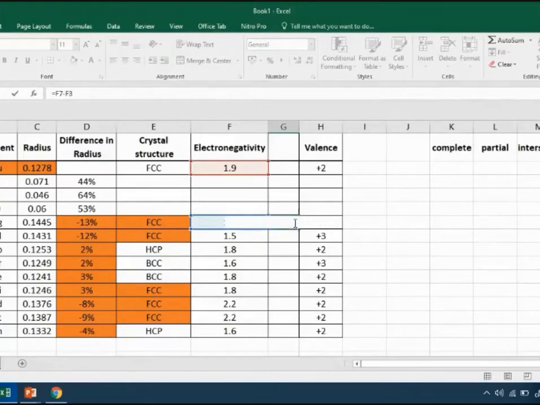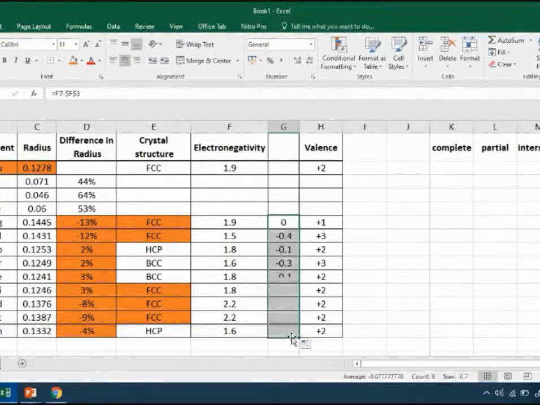I will press F4 again for the copper value. I don't want the equation to change for copper. So again, aluminum minus copper, cobalt minus copper, and so on. You can see silver has the same electronegativity as copper, but I will keep it to last.